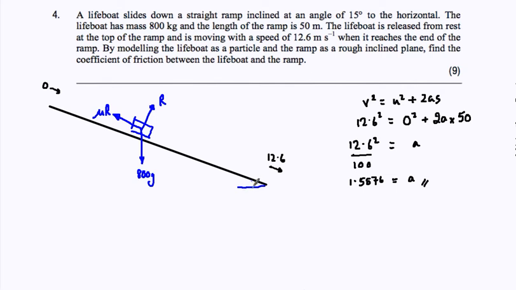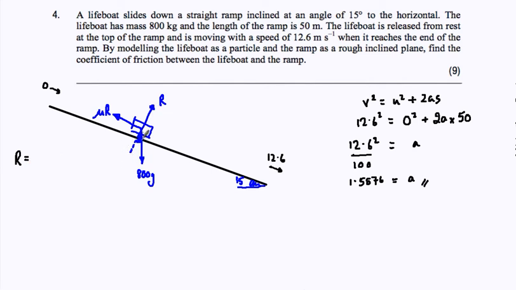Angles: I know my ramp is at 15 degrees, and so I can see that I've got another 15-degree angle just here. Start balancing things up then. If I look across here, there's no movement going through the plane. This tells me that the reaction force going up must equal the component of the weight coming down.